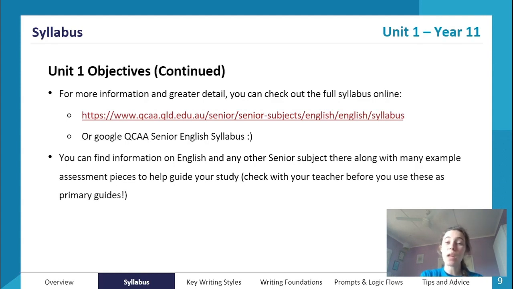So the examples are annotated, showing the marking criteria and how it's meeting the marking criteria with color coding and everything to help you out. And you can also see examples of just task sheets of what may be to come, so you can find out what to expect in Year 12 and for the rest of Year 11, and that will help you be really prepared for that.